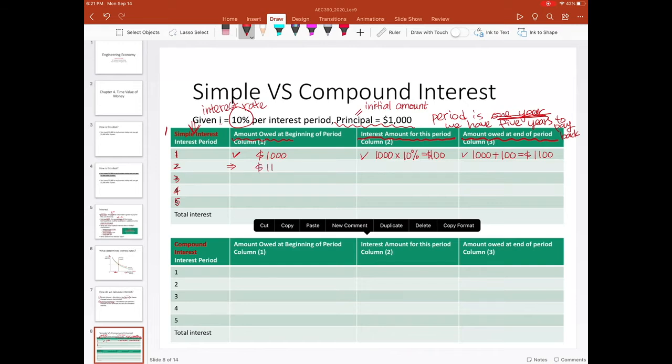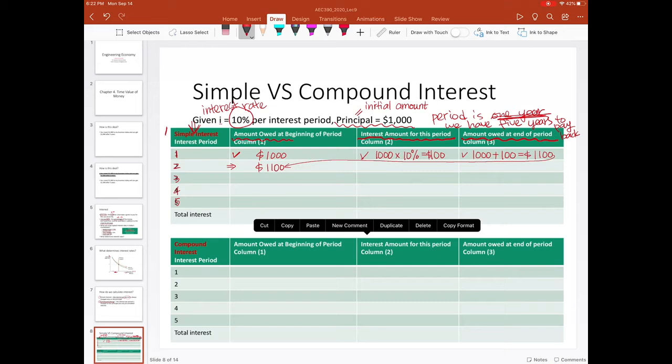So you can just copy that number here, from here. That makes sense, because the amount you owe at the end of the first year is the amount at the beginning of the second year.